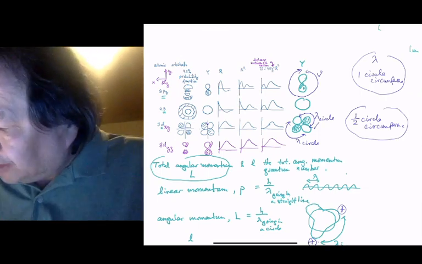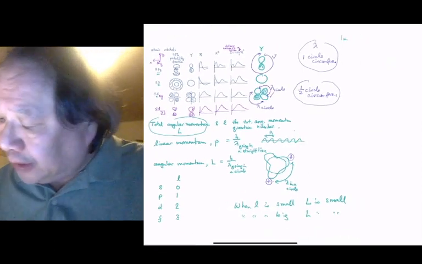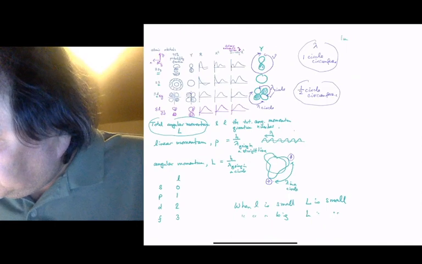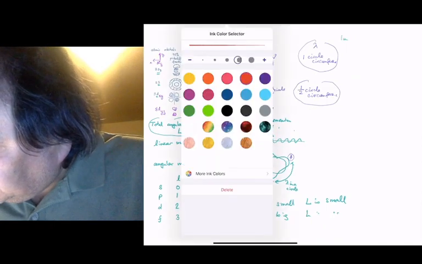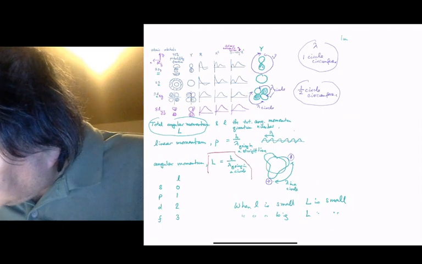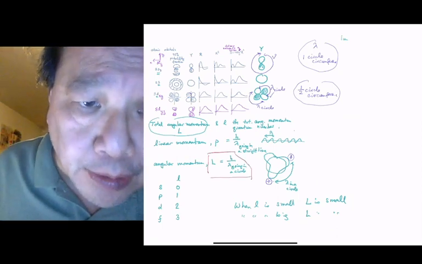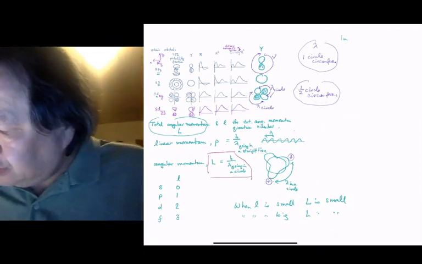And now we're going to compare it to the statement about the total angular momentum. The total angular momentum is inversely proportional to lambda going in a circle.